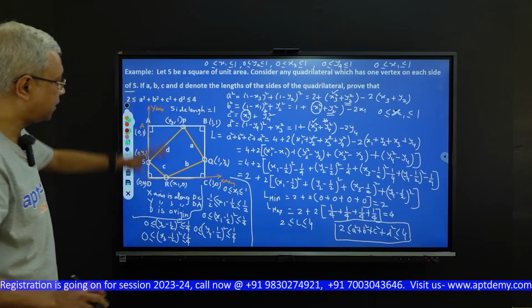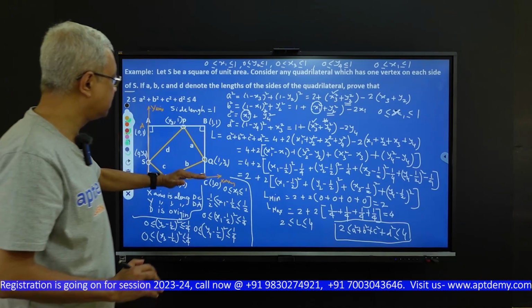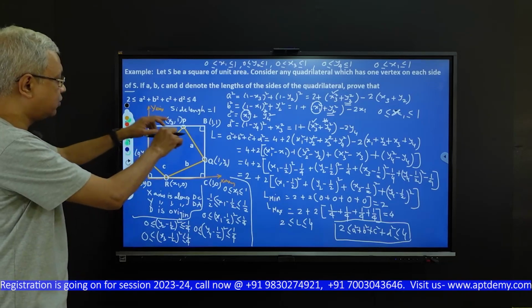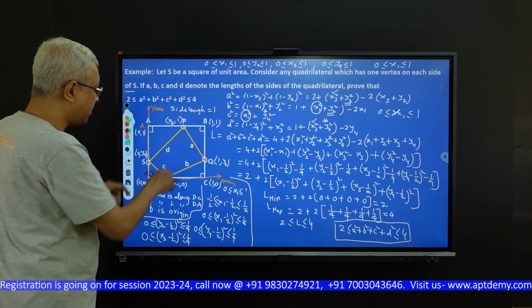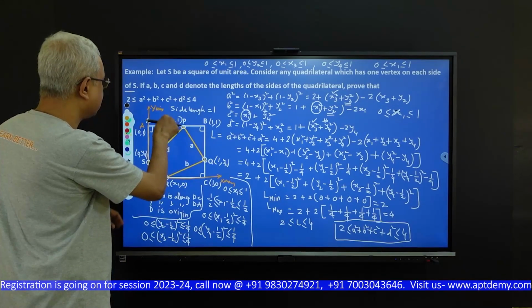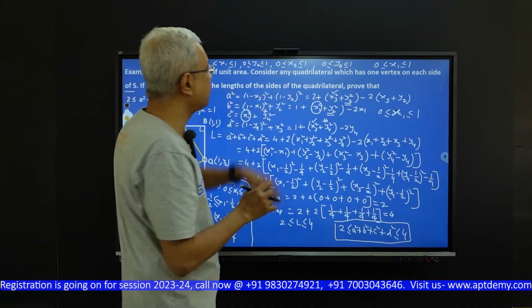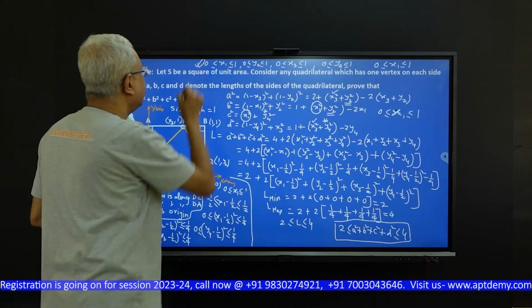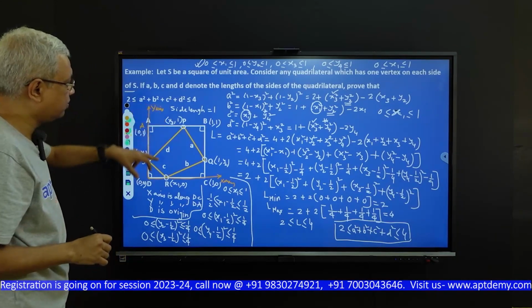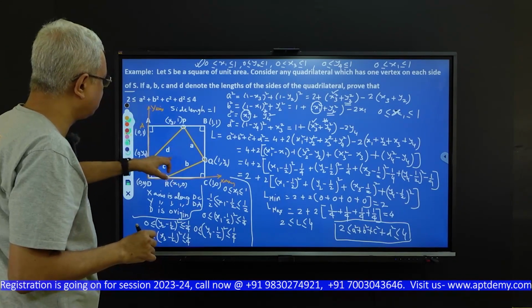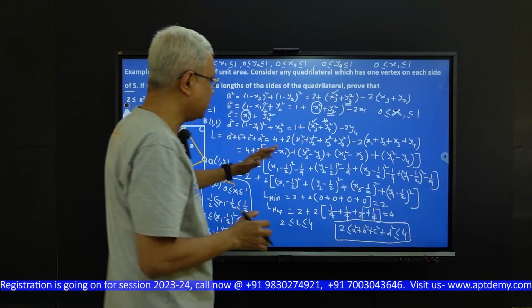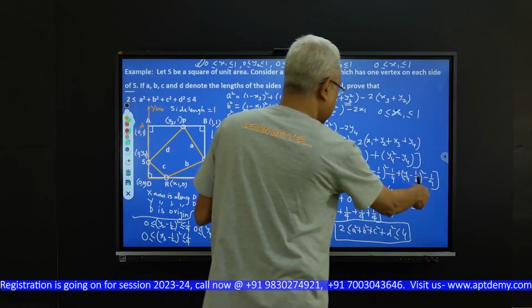I think the steps are clear. You choose a coordinate system of your convenience. From that you find the coordinates, and these coordinates x1, y2, x3, y4 obey these conditions. Then using Pythagoras theorem, calculate the value of a square plus b square plus c square plus d square, and you find that this expression can be expressed like this.